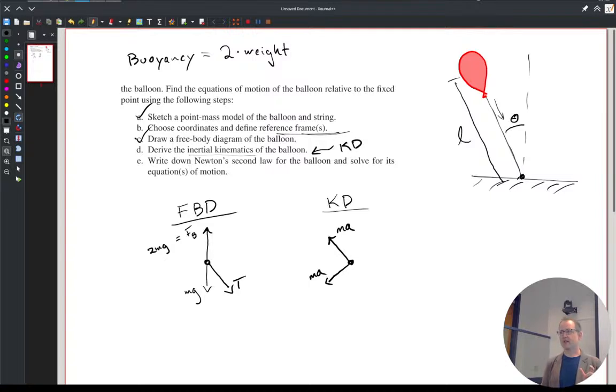What are the labels, like X and Y, 1 and 2, A and B? What kind of labels would we put for those? X and Y. We could do X prime, Y prime, something moving.